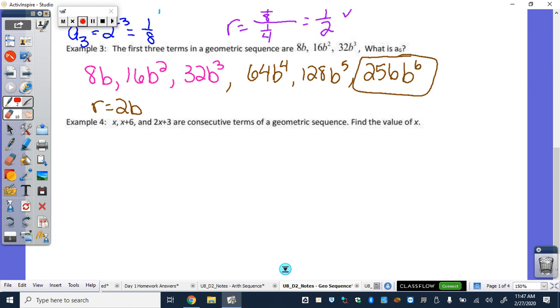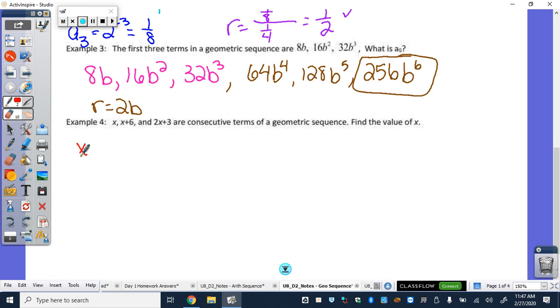So in number 4, we have x plus 6, 2x plus 3 are consecutive terms of a geometric sequence. They want us to find the value of x. So again, with a geometric sequence, your ratios have to be the same.